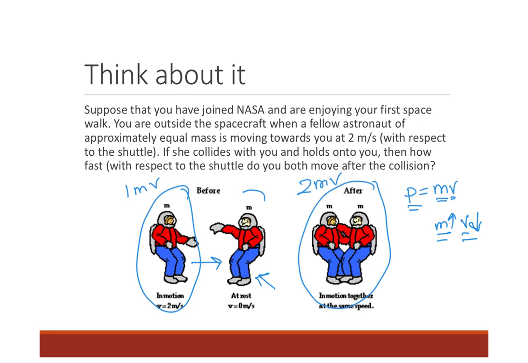And in order for the momentum to stay the same number, the velocity would have to be cut in half. So if our velocity is 1 over here, it would be 1 times 1 equals 1. And so it would have to be 2 times 1/2 to equal 1. So that's that inverse relationship being shown between mass and velocity because of conservation of momentum.